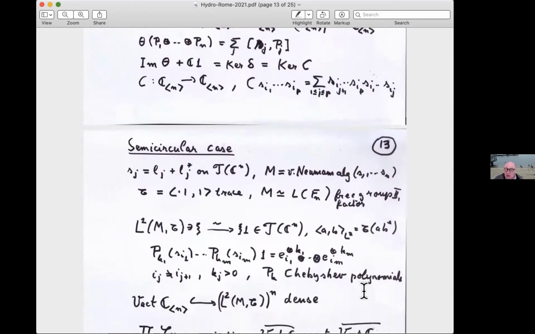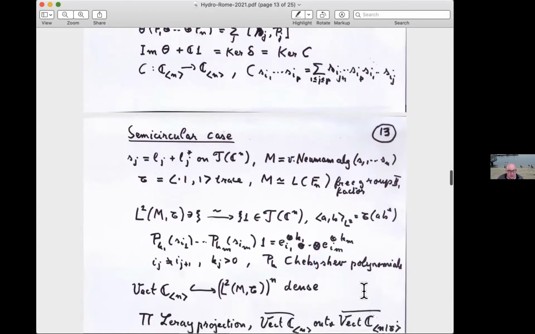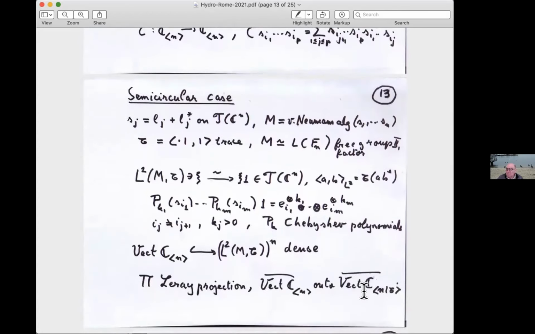so all this was about formal differential calculus. I had put the trace, but I did not use anything specifically about how these indeterminates S1, ..., Sn are, what they are. Now let's make these indeterminates be non-commutative Gaussians, semicircular random variables, what we call in free probability.